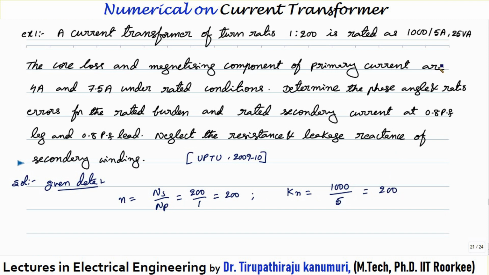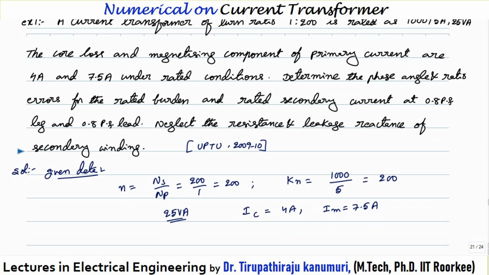Then the burden is also given. Burden is given as 25 volt ampere. That is the burden on the secondary side of the CT. The core loss component of the current is given as 4 amperes, and the magnetizing component of the current is given as 7.5 amperes under rated conditions.